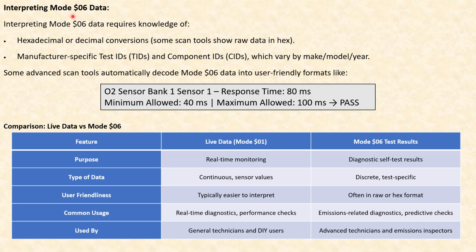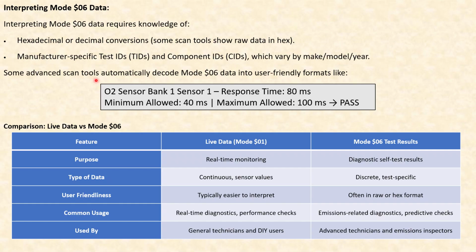Now, interpreting mode $06 data. Let's see how it can be deciphered. Interpreting mode $06 data requires knowledge of hexadecimal or decimal conversions. Some scan tools show raw data in hexadecimal, with manufacturer-specific test IDs (TIDs) and component IDs which vary by make and model year.